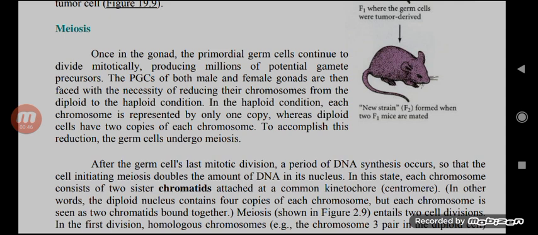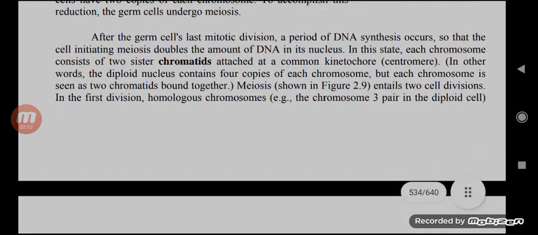To accomplish this reduction, the germ cells undergo meiosis. After the germ cells' last division, a period of DNA synthesis occurs, so that the cell initiating meiosis doubles the amount of DNA in its nucleus.